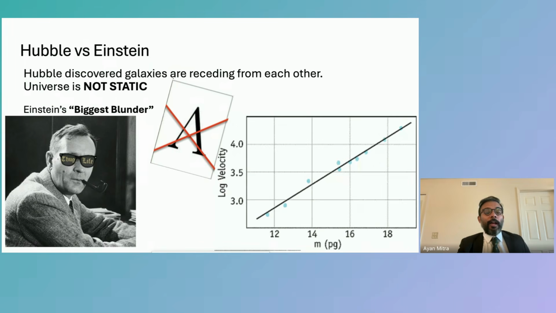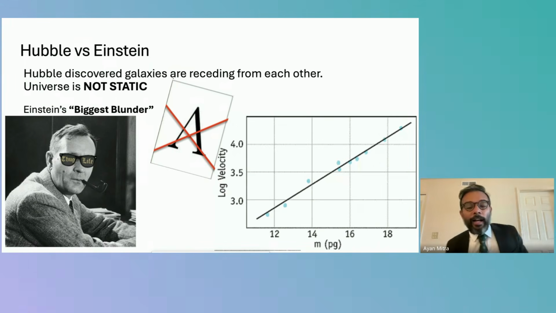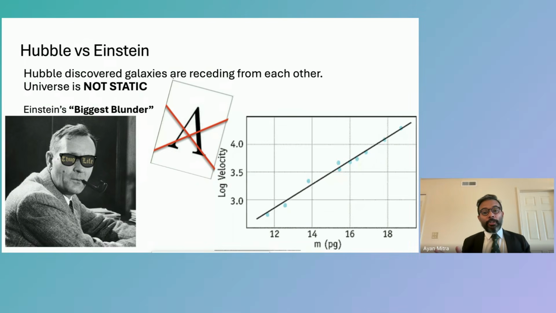So Hubble and Einstein had interactions, and Hubble said that what my data shows, and this is real data, is in complete disagreement with your static universe. Einstein would later go on to say famously that adding a cosmological constant to the Einstein equation was the biggest blunder of his life.